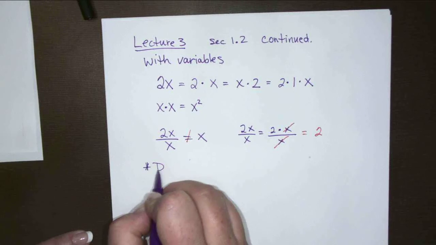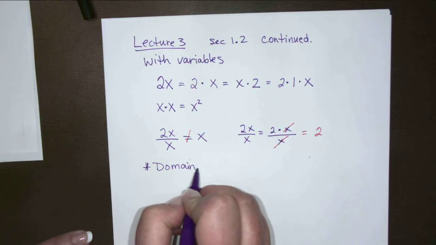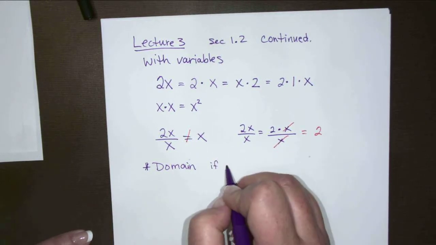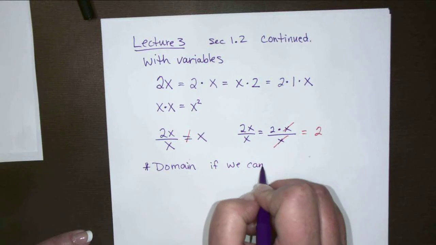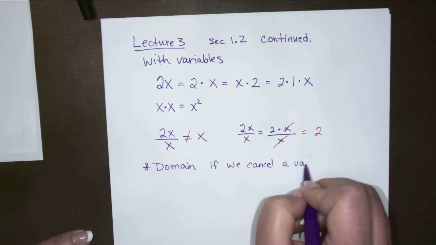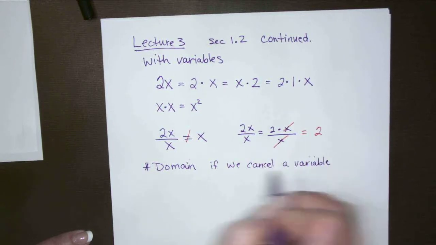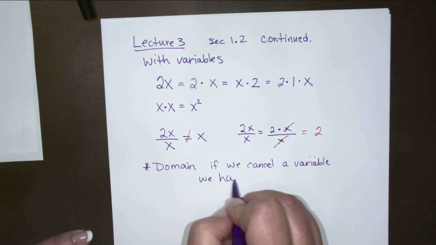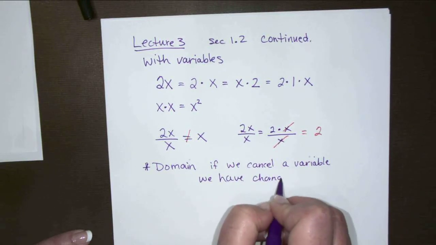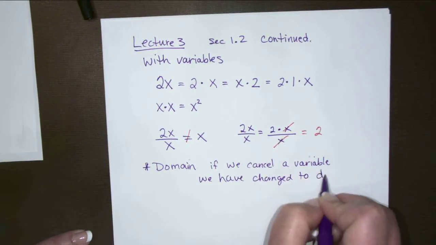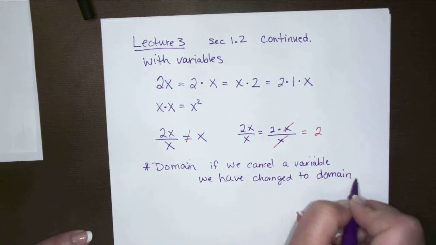It's called the domain. And if we cancel a variable, we have changed the domain. So what on earth does that mean?